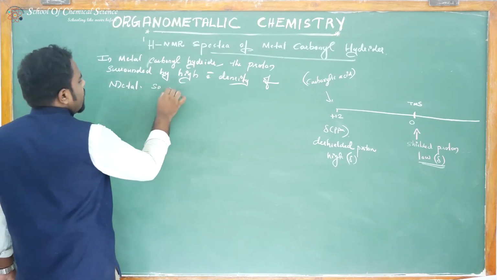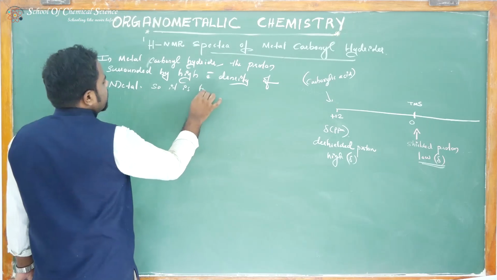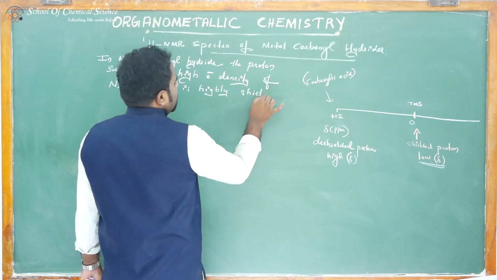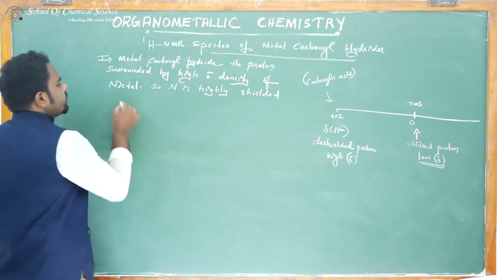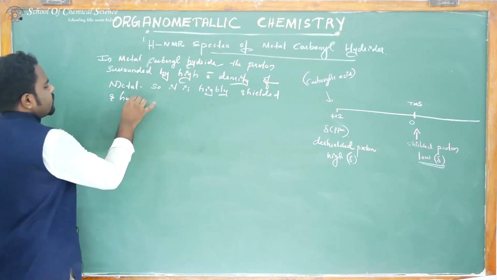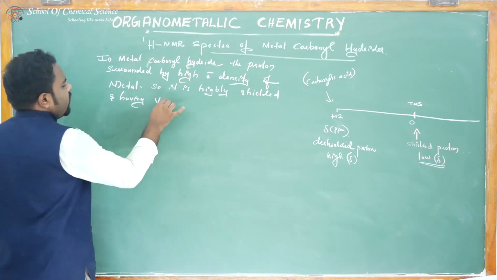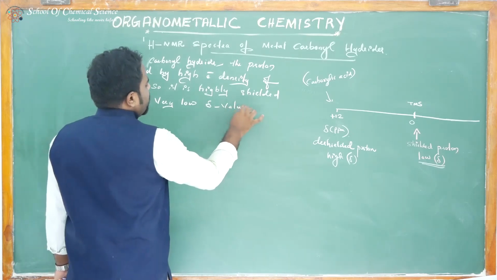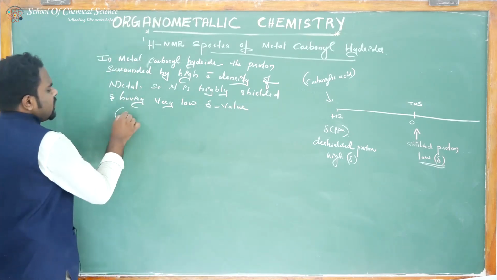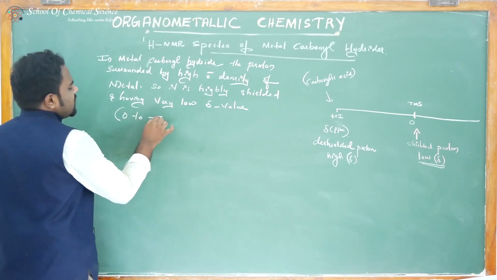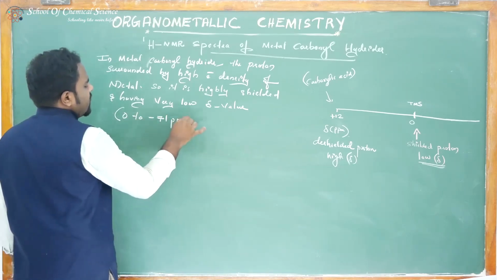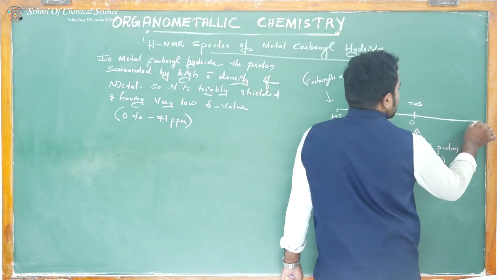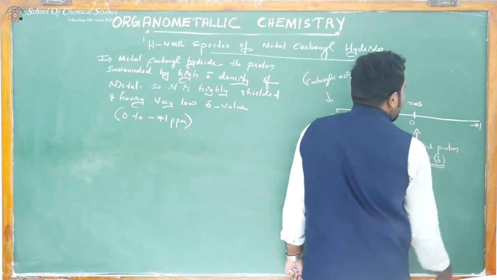So it is highly shielded and has a very low delta value, in the range 0 to minus 71 ppm. This is the range. Why from 0 to minus 71 ppm?